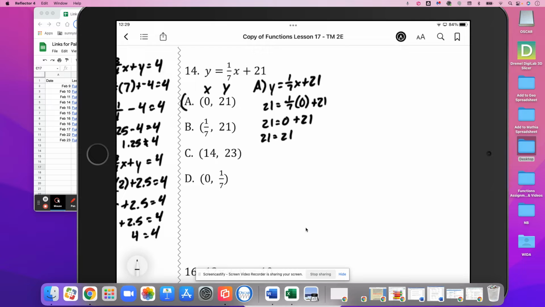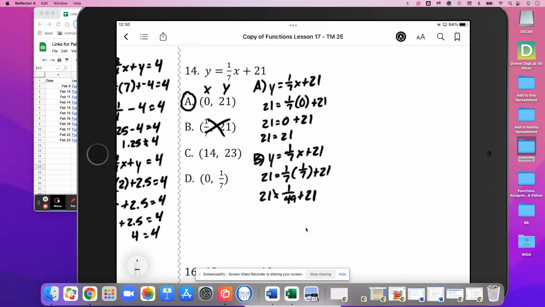And so yes, A satisfies the function. B, y equals 1/7 x plus 21. So 21 is equal to 1/7 times 1/7 plus 21. So we got 21 is equal to 1/49 plus 21. And that's not going to be true.